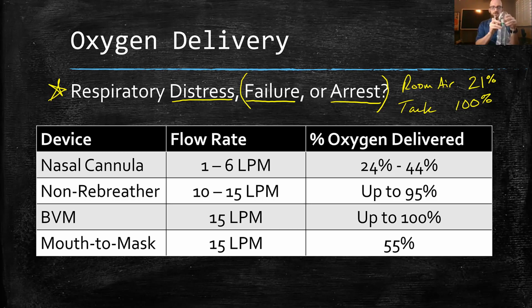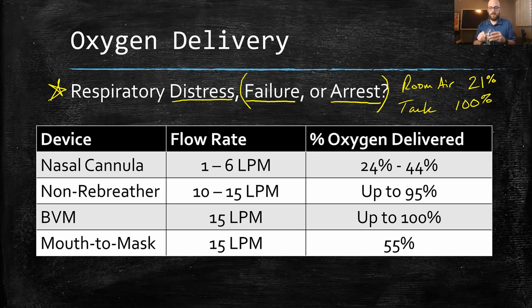Okay? You have your registry skill sheet that makes sure you know how to use these well enough, but they'll give you up to 95% oxygen. Quite a big jump up in the percentage of oxygen that the patient is going to be breathing in compared to our nasal cannula. On the nasal cannula 24 to 44, put a non-rebreather on, up to 95%.